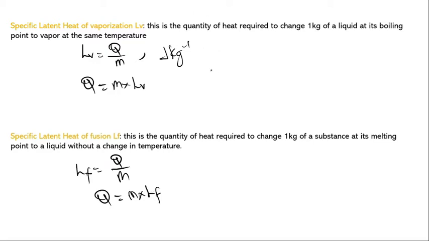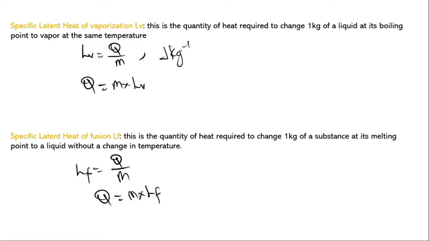And if you want to know the heat energy involved in changing a liquid to a gaseous phase, that heat energy can be calculated using the product of mass by the latent heat of vaporization.